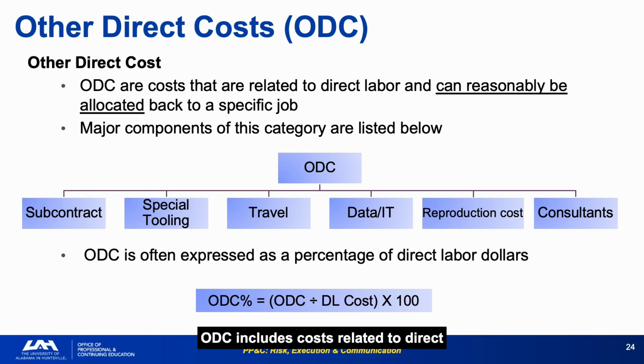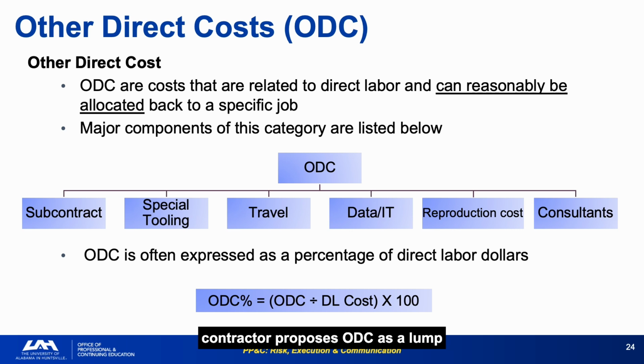ODC includes costs related to direct labor that can be reasonably traced back to the specific job. Subcontracts, special tooling, travel, data and IT, consultants, and reproduction costs, typically expressed as a percentage of direct labor. ODC is not a residual catch-all. Each element should be identifiable and justifiable.